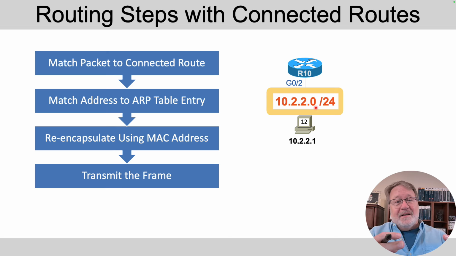But that packet, once it's de-encapsulated, we need to re-encapsulate it in a new data link frame. And the information needed to re-encapsulate it is in the ARP table. So the router is going to match that destination address 10.221 to the ARP table and find the matching ARP table entry, and only then re-encapsulate the packet.